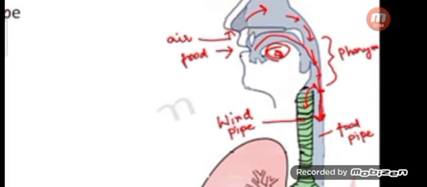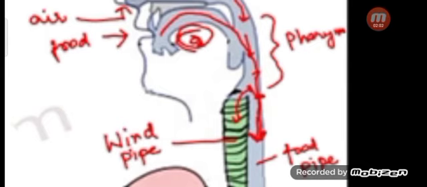These two pipes, which take in air and food, meet at a part where food and air both come through one pipe, and after the pharynx the windpipe and food pipe separate themselves.